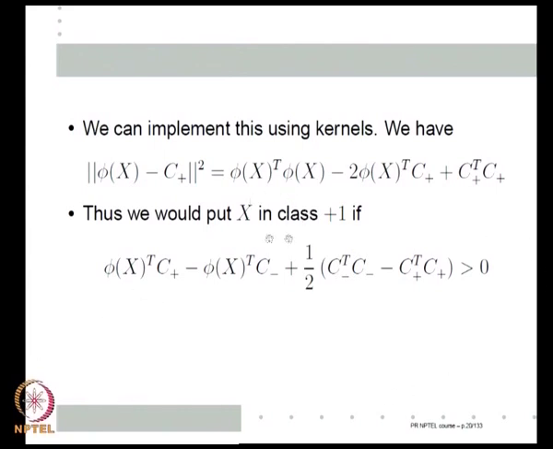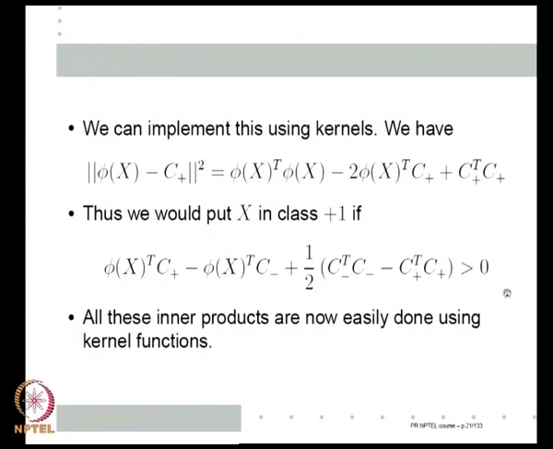So, finally, it means we will put x in class +1 if this quantity is greater than 0: phi x transpose C plus minus phi x transpose C minus plus some constant, which is C minus transpose C minus minus C plus transpose C plus. So, basically I have to do all these inner products to be able to implement my nearest neighbor classifier by first transforming all the patterns using the function phi.